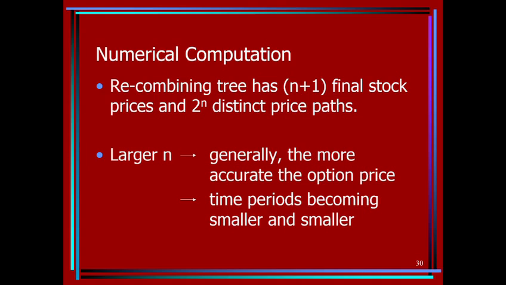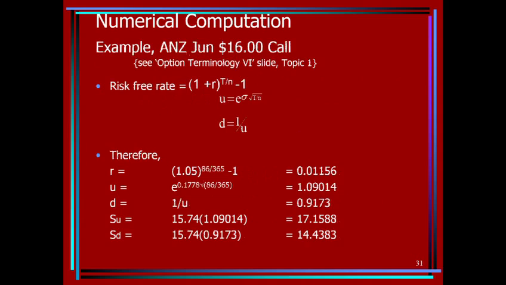So the larger the n is, or the larger the number of iterations is in your binomial, the closer the value approaches Black-Scholes. Okay, this is a slide that I'm using from last week's example.